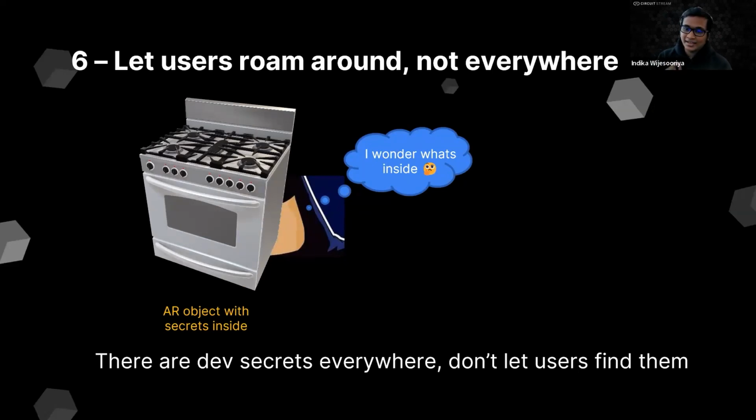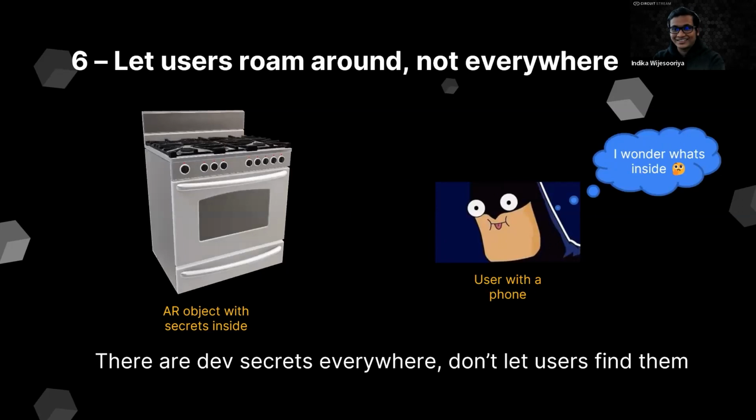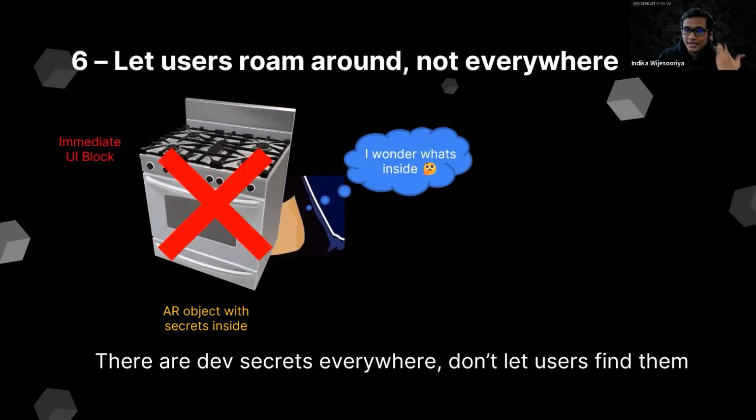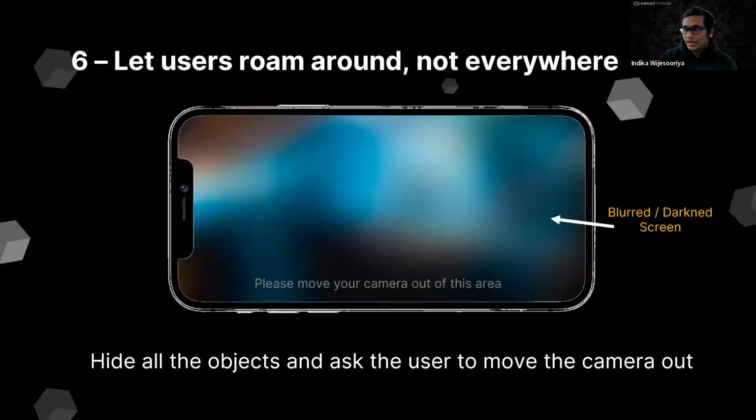And we need to understand, we can use collision detection, or we can use distance measures with the camera, because now the Batman is the camera, right? It's not the Batman, it's you, the user who's doing this, and it is the camera. So you can use collision detection, or you can measure the distance between the camera and that specific object, and you can block it using the user interface, right?